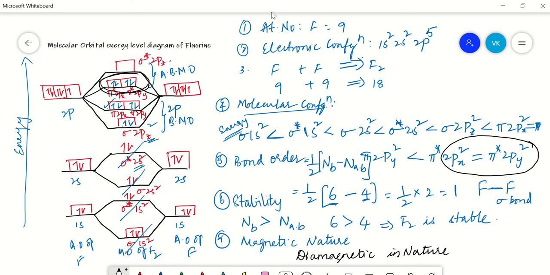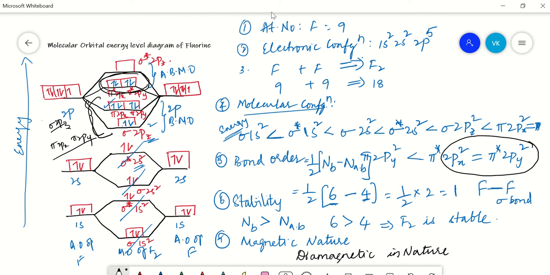So this is what I want to say today. Whenever you write about fluorine or nitrogen or oxygen, the only difference between nitrogen and oxygen or fluorine is in this part. For nitrogen, pi 2px and pi 2py come down to a lower energy level than sigma 2pz, whereas in the case of oxygen and fluorine, sigma 2pz comes down to a lower energy level and pi 2px and pi 2py come at a higher energy level.